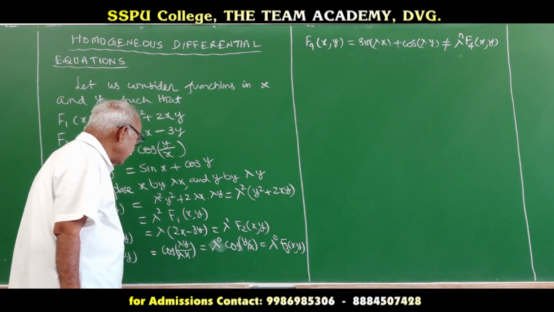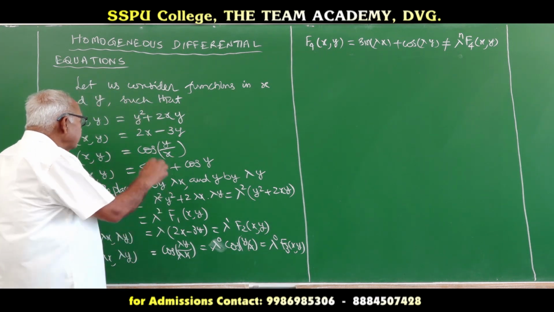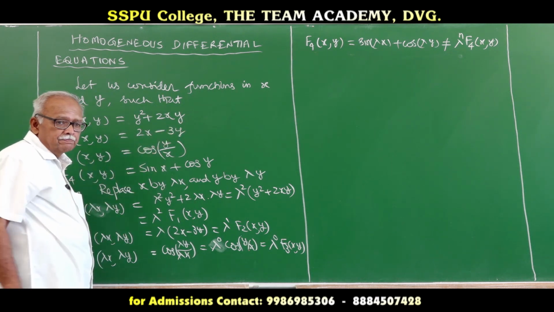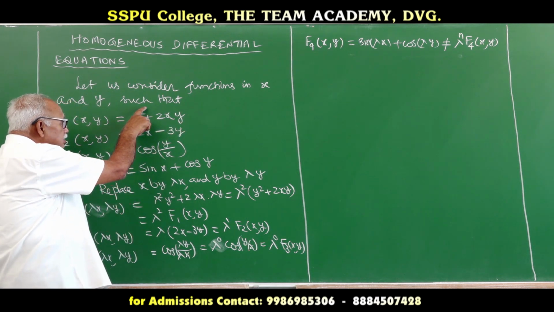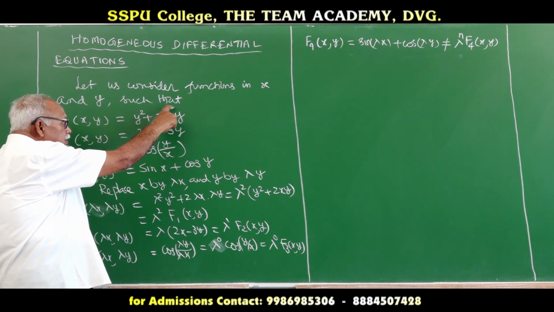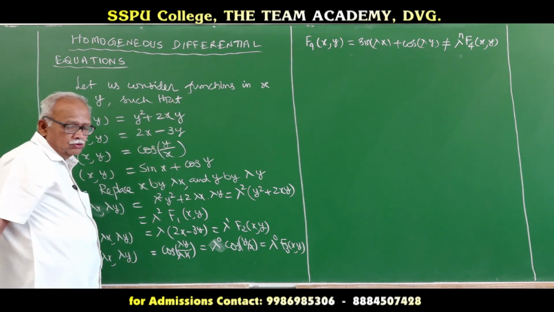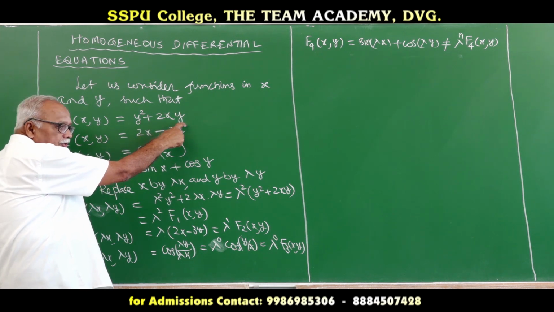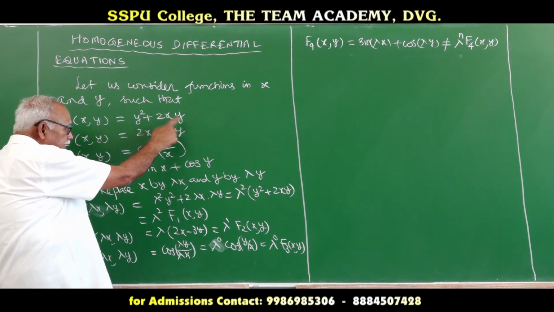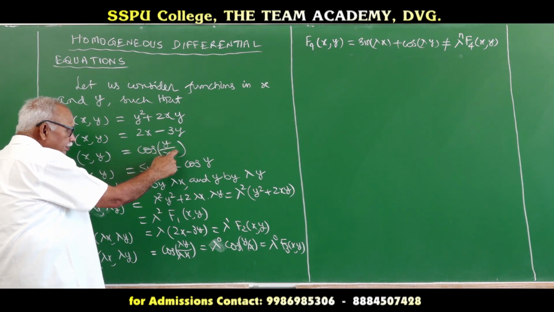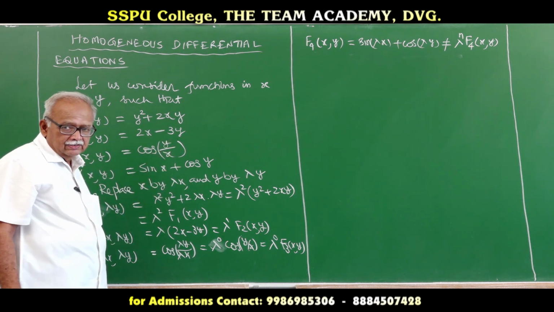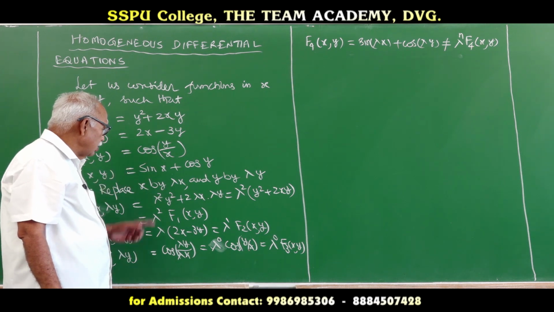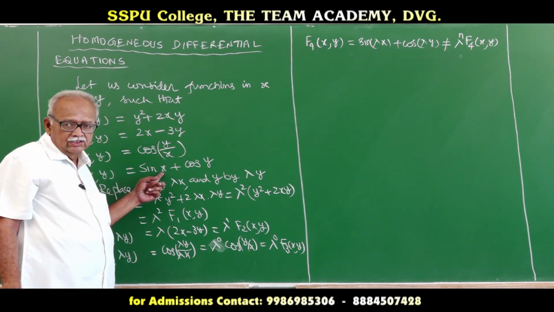Or simply, for you to understand, all these terms should have the same power. Here y has got 2, and x1, y1 both put together is 2. Here x has got 1 power, y is also power 1, so it is homogeneous. Here also it is 0 power in y and x, so lambda power 0.